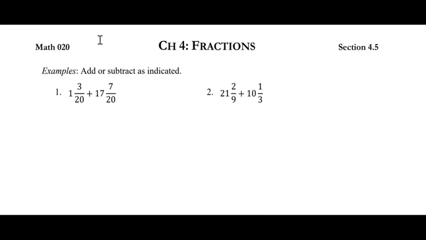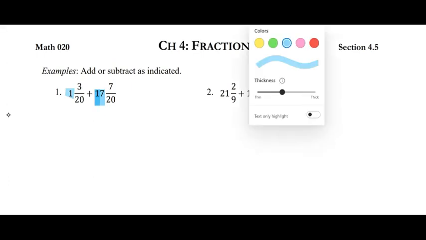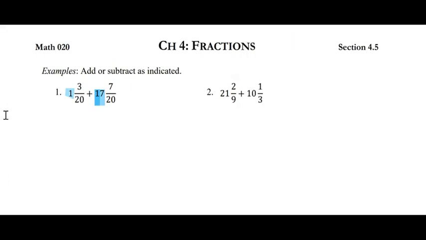Here in example number 1, you have 1 and 3/20. We're adding 17 and 7/20. So you have whole parts, 1 and 17, and you have fraction parts, which are 3/20 and 7/20. So we're going to add them separately.